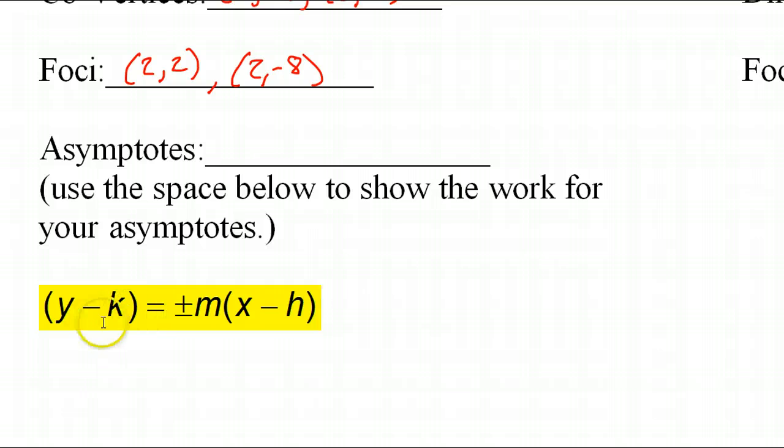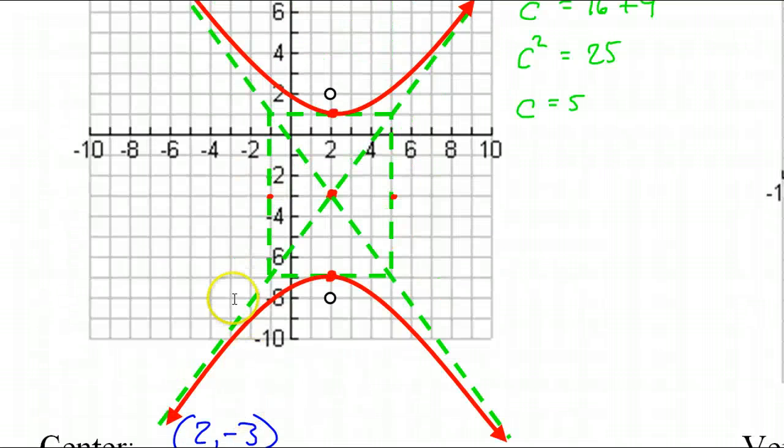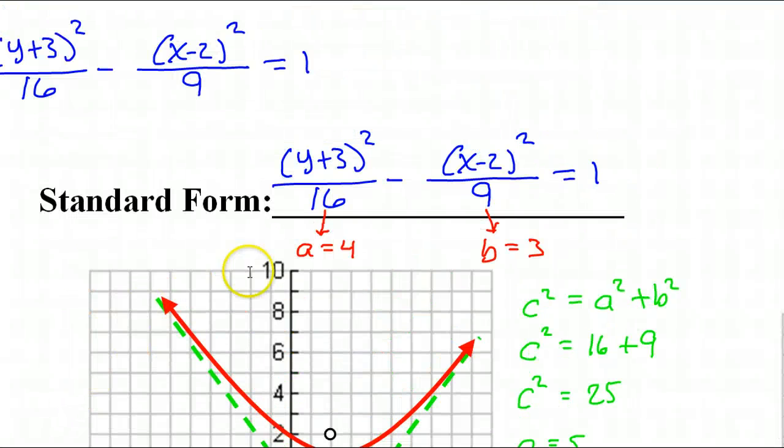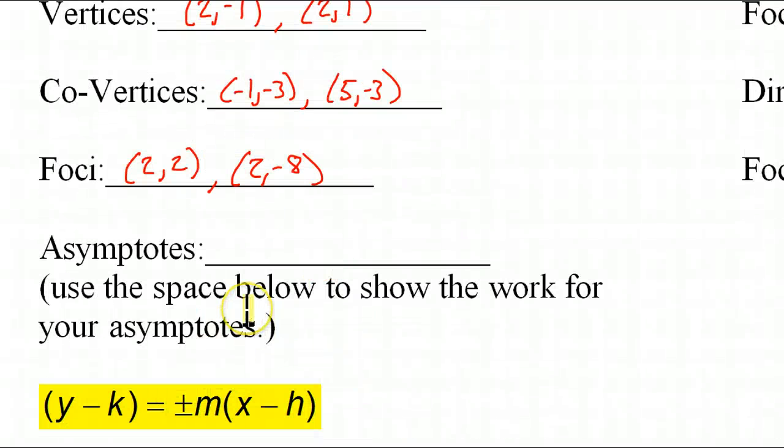Now, this y minus k and x minus h, exactly what am I talking about? If you look at the equation, I'm talking about this. This right here, without the squared on it, is my y minus k, and this is my x minus h. These two things are always going to show up in your asymptote equation. So all we really need are the slopes.